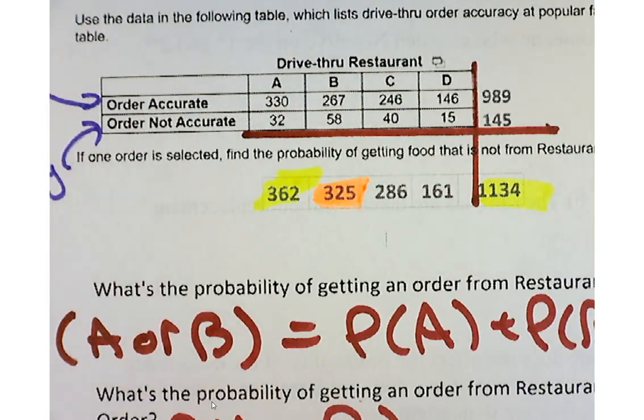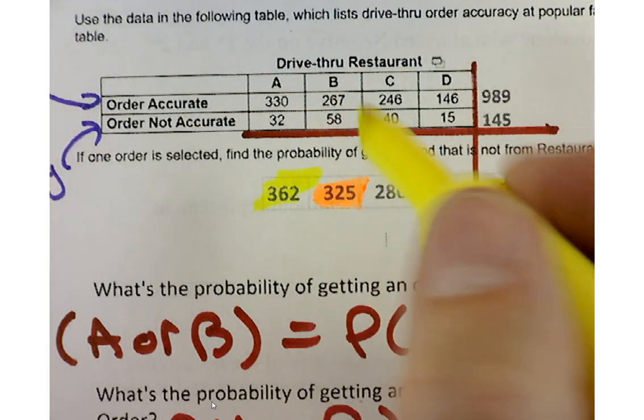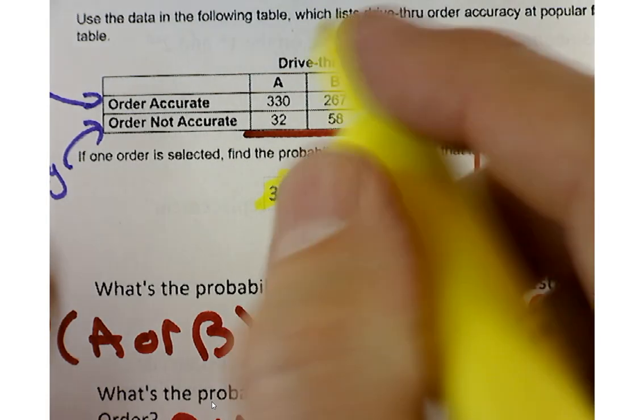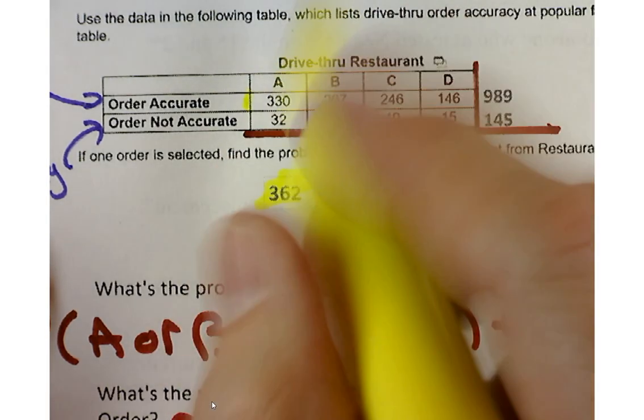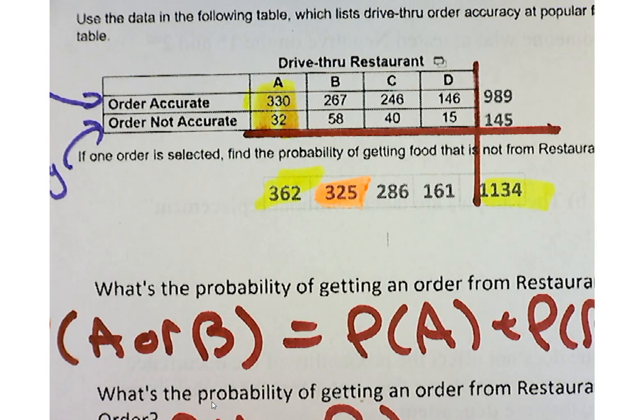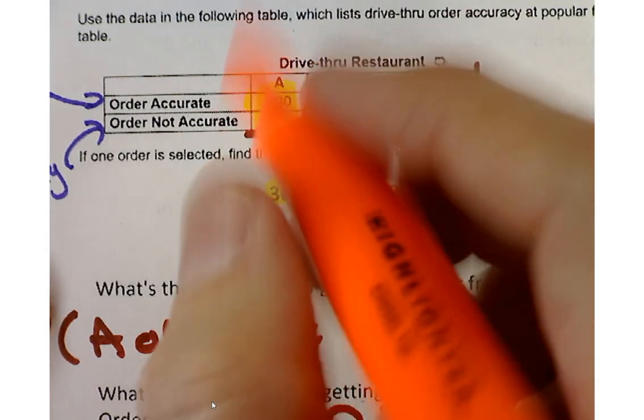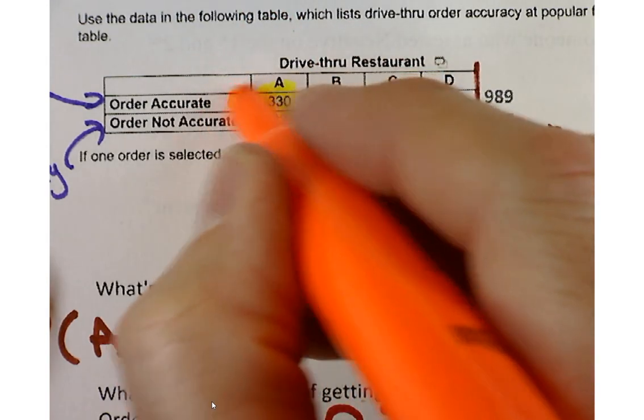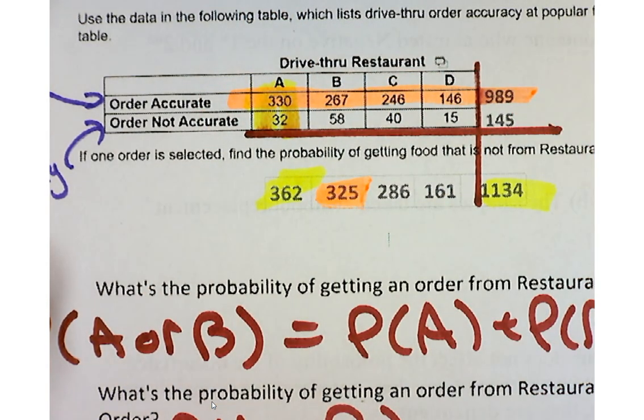And I think we can take a look at it graphically. So if we look at the first part, probability that we order from restaurant A, that's going to be here. So we'll add up those. And then we'll also throw in probability that your order was accurate or got it right.